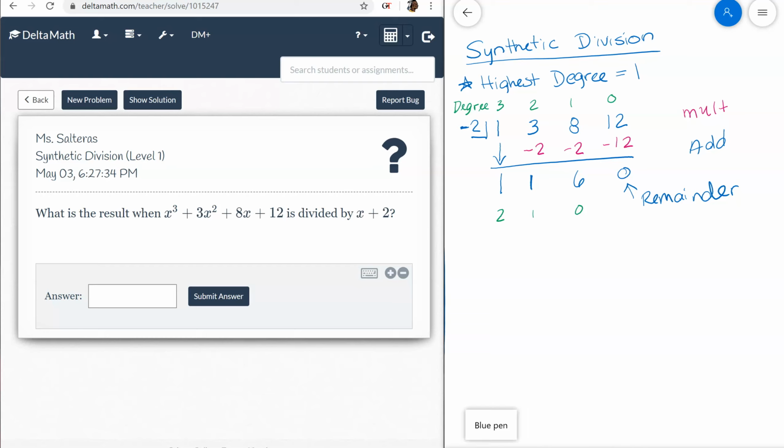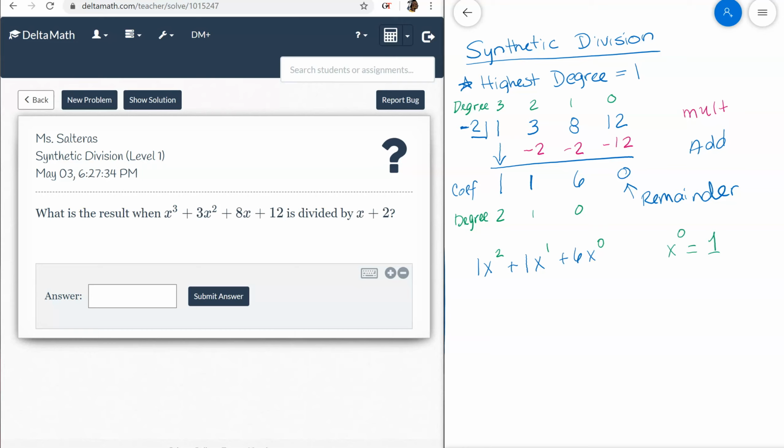And these are basically going to be your coefficients. So 1x, your degree is 2, plus 1x, your degree is 1, and then plus 6, and your degree is 0 here, but any number raised to the 0 power equals 1.